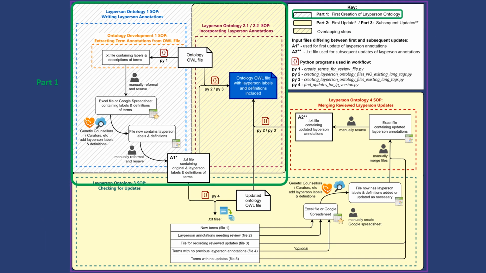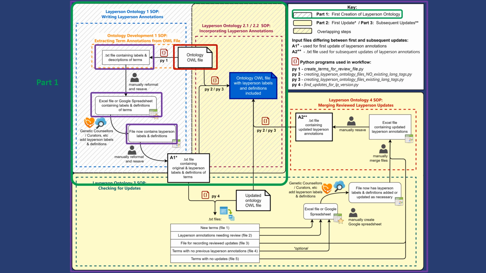I will go through part 1 so that you can see what is involved in creating a layperson version for the first time. It starts with the ontology OWL file being passed through a program that extracts the annotations of terms and outputs these in a text file. This is then manually reformatted and saved in Excel format, could be a shared Google spreadsheet, which is then sent to the people who will produce the layperson annotations, in our case, ontology curators and genetic counselors.